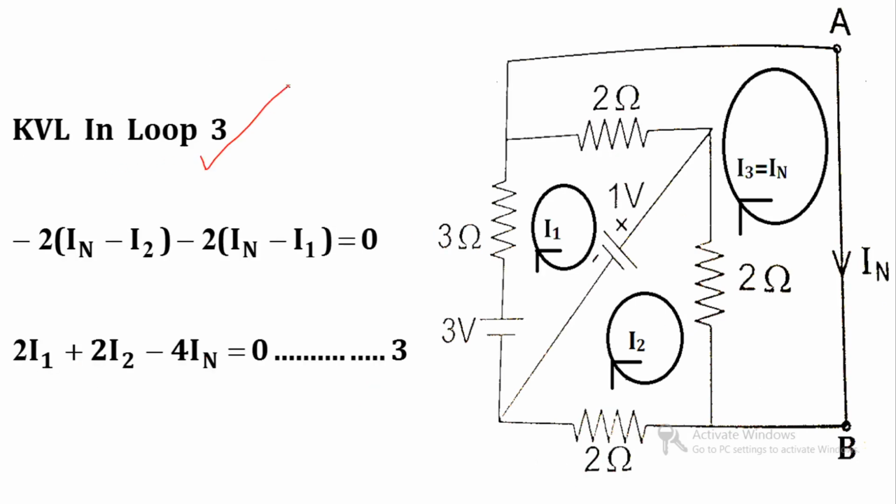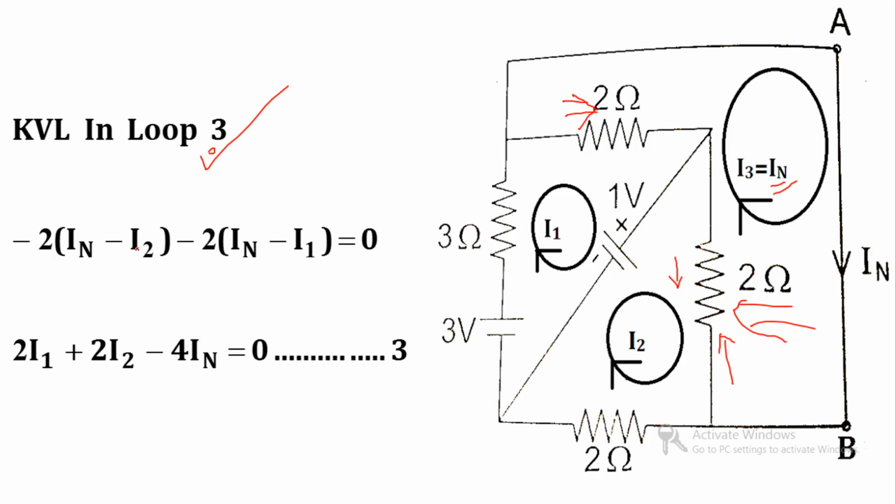And the last loop, that is loop number 3. These two drops will be in loop number 3. In loop number 2, I2 and IN, two currents will flow through this 2 ohm resistance. So I can write minus 2 IN minus I2, because I will write the equation in loop number 3, so I will take the direction of this resistance as a reference.